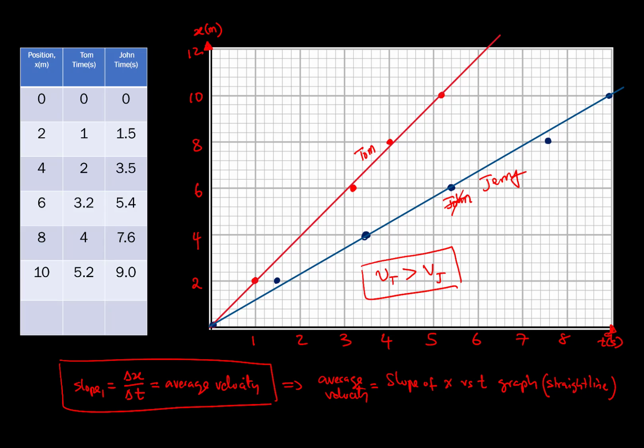In other words, the slope of a position versus time graph, as long as the graph is a straight line, signifies average velocity. So we know that by definition, average velocity, v average bar, is the change in the position divided by the change in time.